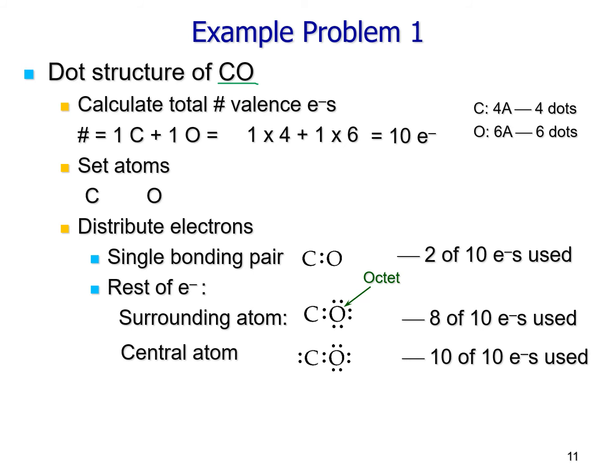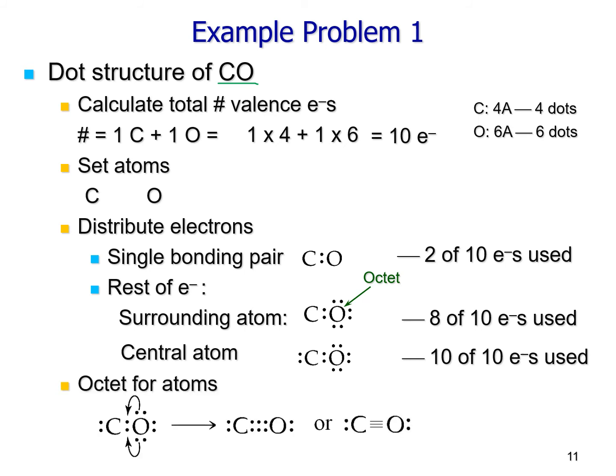But the carbon still has only 4 electrons, right? 2 bonding pair electrons and a lone pair to itself. So what are we going to do? Remember, in order to make an octet for the central atom, the terminal atom has to give up enough lone pair electrons to the central atom.